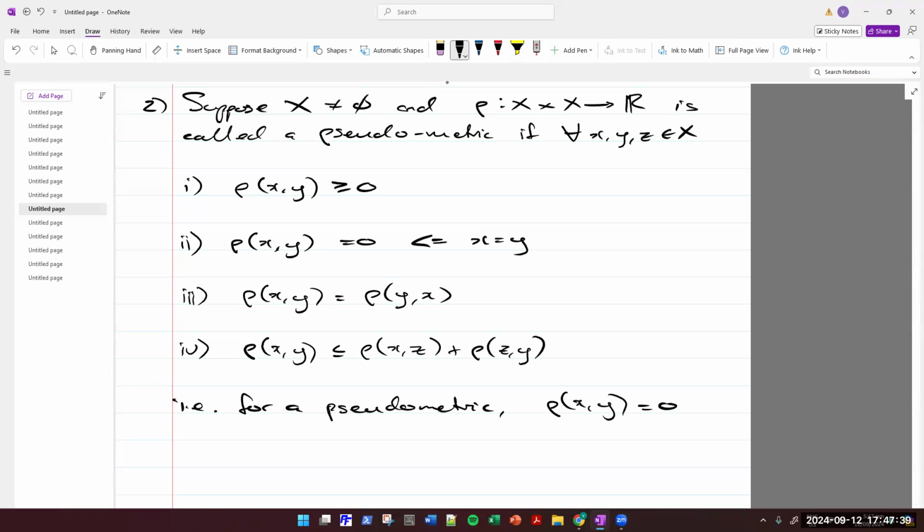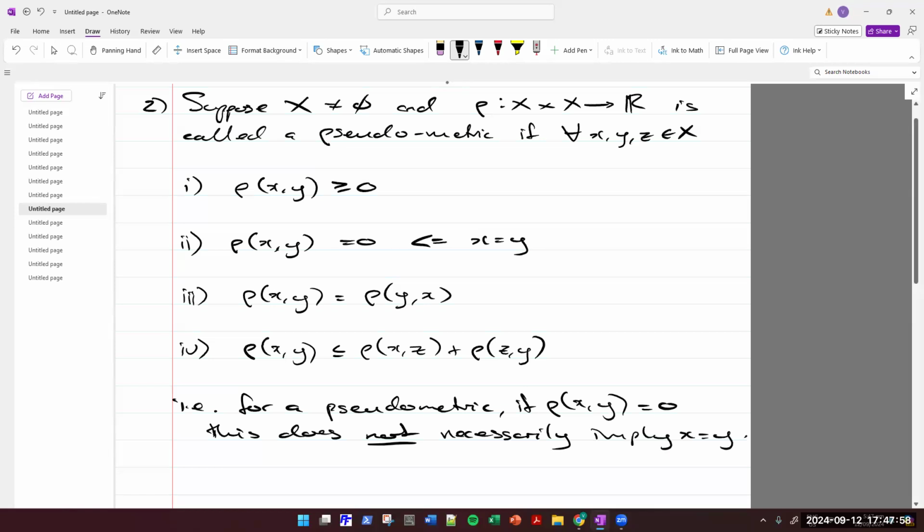If rho of x, y equals 0, this does not necessarily imply that x equal to y.